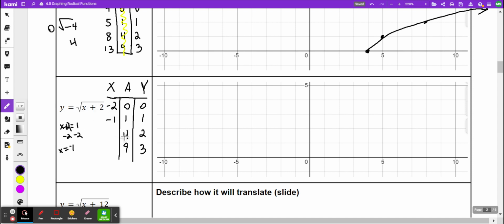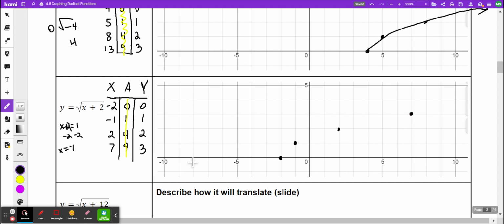What plus 2 equals 4? 2. And 7 for 9. This part is just my guideline. These are my actual points: negative 2 comma 0, negative 1 comma 1, 2 comma 2, and 7 comma 3.